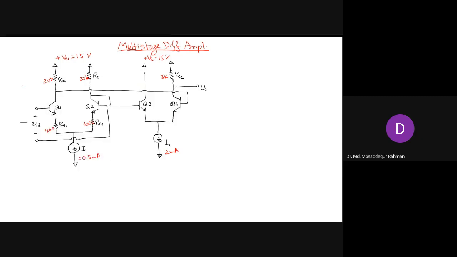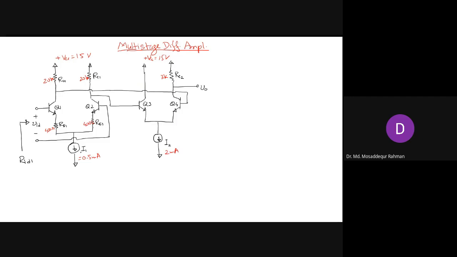In order to achieve high input resistance, called RID1, we introduced this emitter resistance in the first differential amplifier, and we also took a lower value for the current I1 so that we get a high value for R pi. So overall that will increase our input resistance RID1.